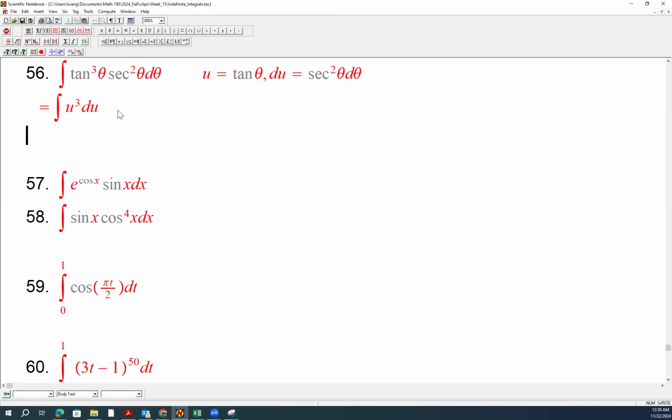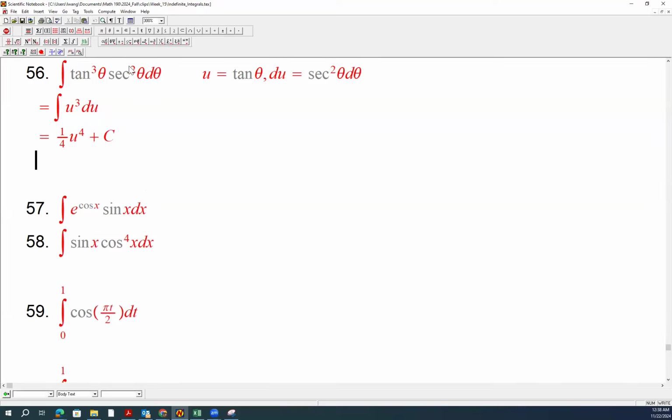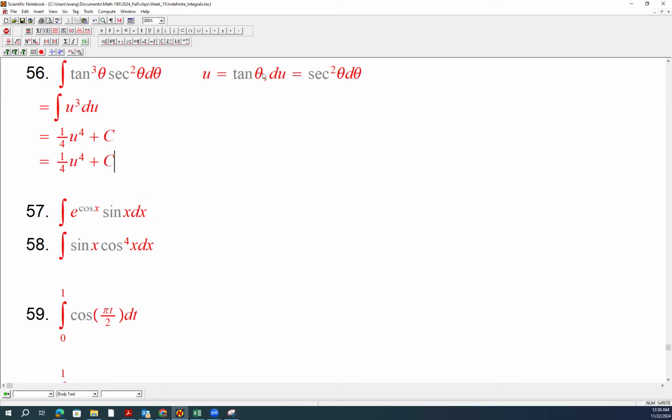That equals 1/4 u raised to the power of 4 plus a constant. So the final answer is going to be tangent theta to the fourth, substituting u, so the 4 should be outside.